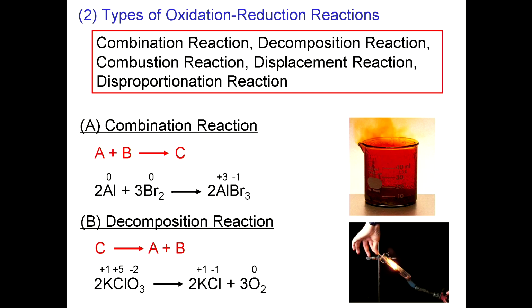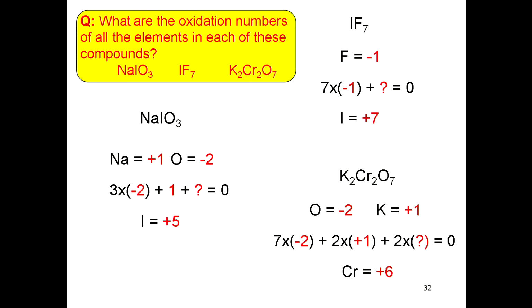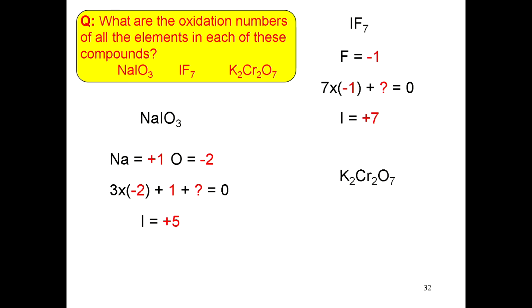So the essence of doing this, what I'm trying to say is, iodine varies. If we know sodium is plus 1, how about iodine? It can vary, you can see here.